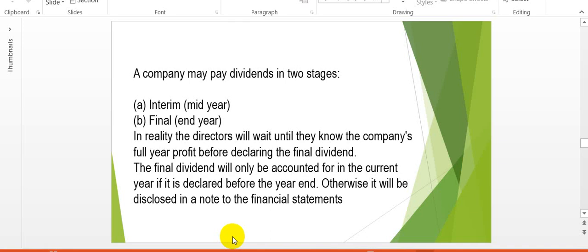If the dividends are declared in the current year, then they'll be accounted for in the current year. But if the directors wait until the financial statements have been prepared and closed, then the dividends will be disclosed in the note to the financial statements.